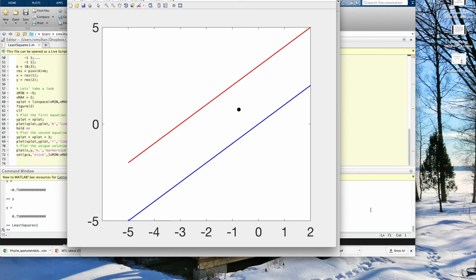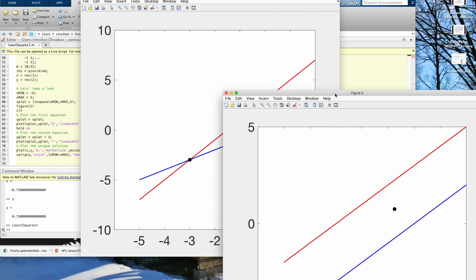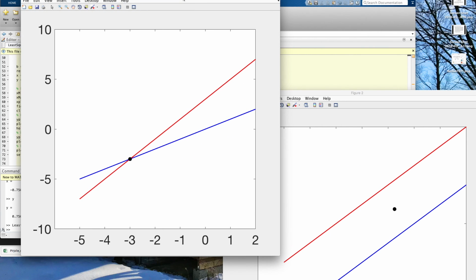Okay, so there is no actual solution to the pair of equations we are considering. However, the least squares methodology will find kind of the best possible solution. First of all, it will look for points that are as close as possible to both of these lines simultaneously. In the first case, it's absolutely clear. I mean, the unique point that's as close as possible to both lines at the same time is the point of intersection.